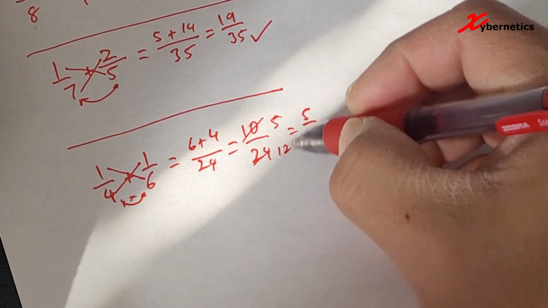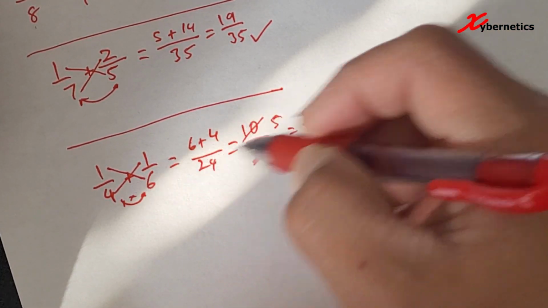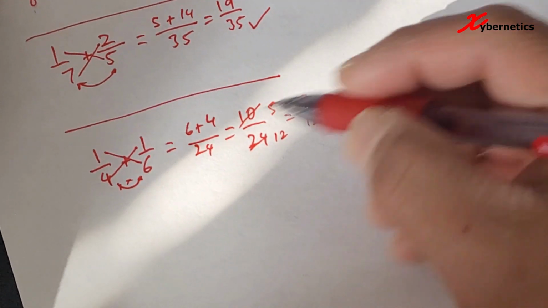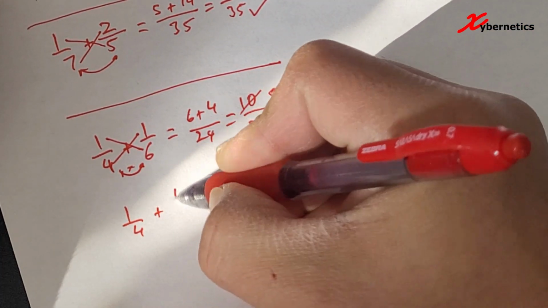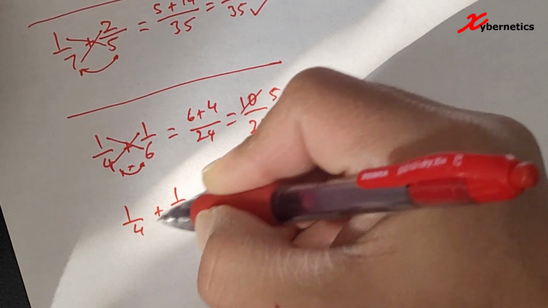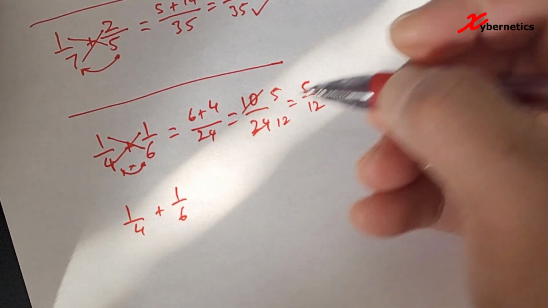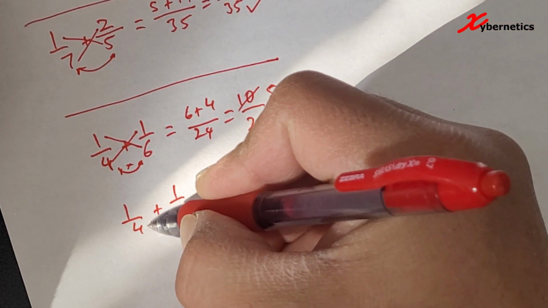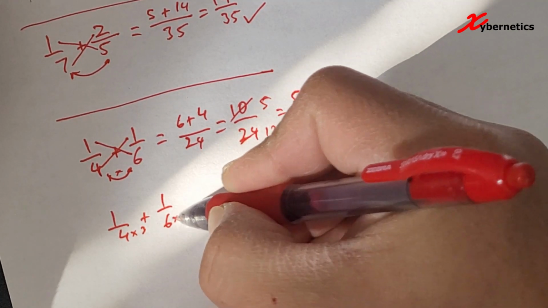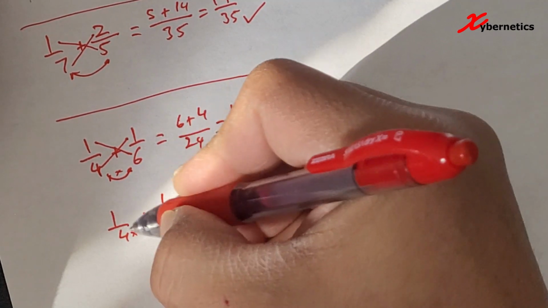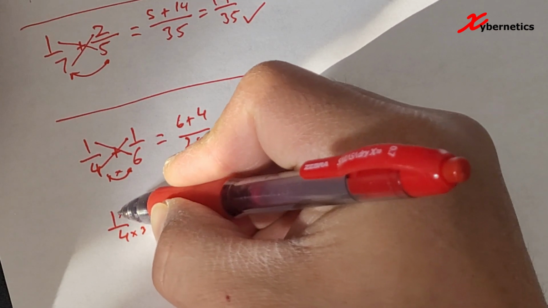Again, this indicates that there's a better way to do this rather than using a factor way. The better way is that between 4 and 6, the common denominator you can make is 12. To get 12, 4 times 3 gives you 12, and 6 times 2 gives you 12. Whatever you do with the denominator, you have to do with the numerator as well.